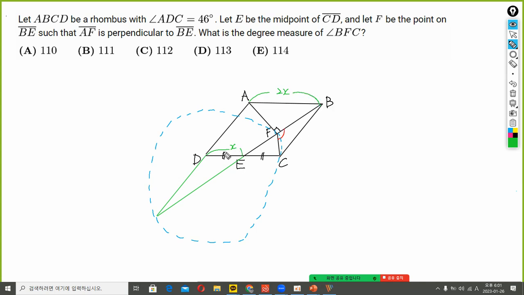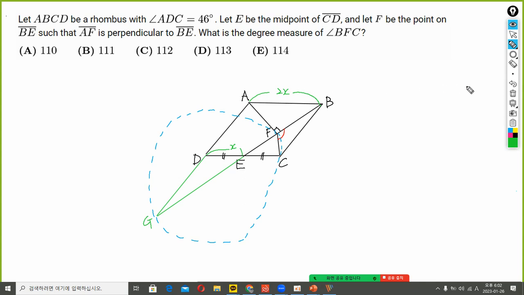And by the mid-segment theorem of the triangle, if we call this point G, the triangle GDE and triangle GAB are similar, and the scale factor is 1 to 2, because this length is half of AB. That means the length of AD and the length of GD are equal.